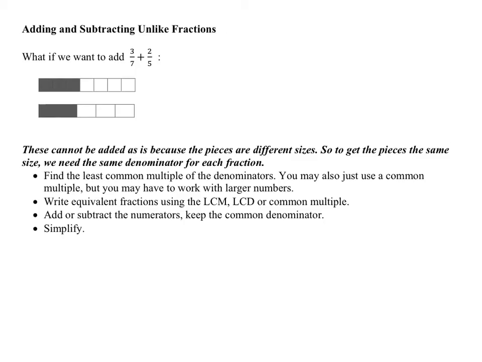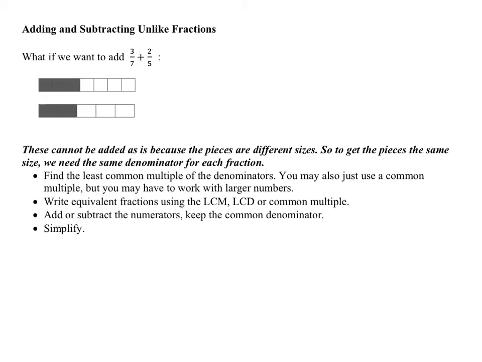Okay, so what happens now when I have different denominators? Well, it's a problem because my pieces aren't all equal, so I don't know what to do. Well, enter finding a common denominator.